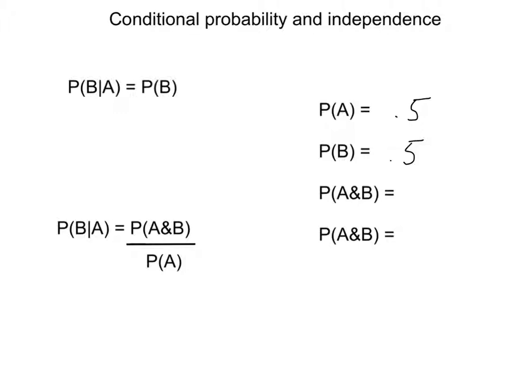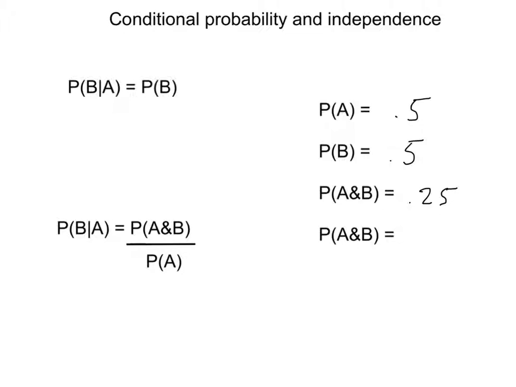And this is dealing with probability and independence. So let's say we're trying to figure out if these events are dependent or independent of each other. And let's say the probability of them both happening is 0.25. Then we're going to pop in our formula here.